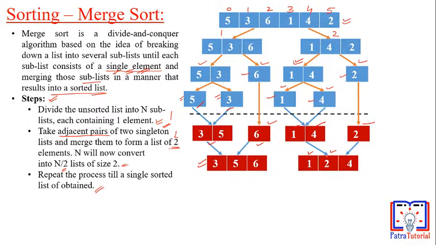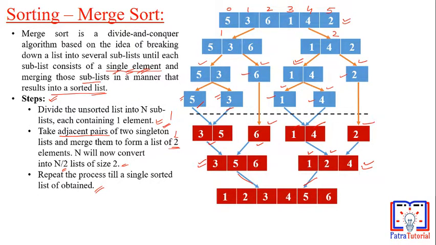How this is happening, how this merge function is working, that I will discuss very soon, so don't worry about that. But merging means what? Merging means combining two sorted sublists into a single sorted list. Okay, so remember this point. Now let me merge this one and this one. Okay, so 1, 2, 3, 4, 5, 6.